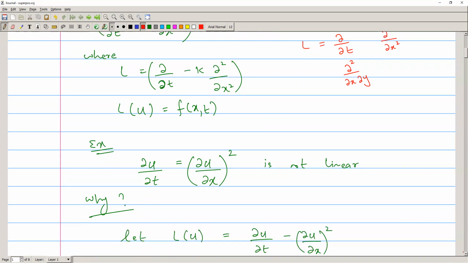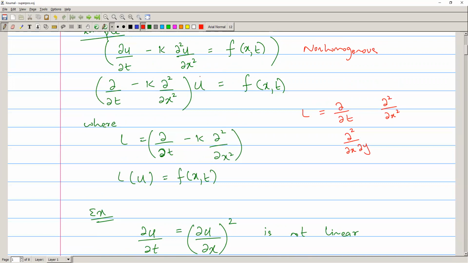If this is the equation, that is ∂u/∂t − k ∂²u/∂x² = f(x,t), we can also write this equation in this form: (∂/∂t − k ∂²/∂x²) u, where this is a linear operator, right?